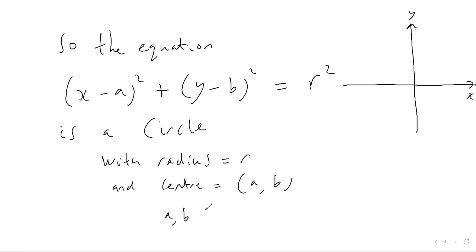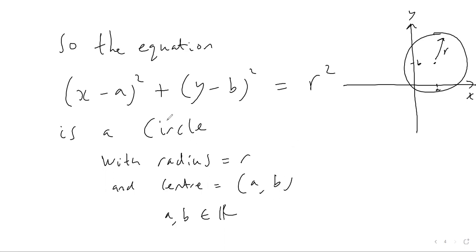It could be something like this. Your center is there, so that would be a, this would be b, and your radius is r. So that is the general equation of a circle: (x minus a) all squared plus (y minus b) all squared equals r squared, radius r, the center is at (a, b).